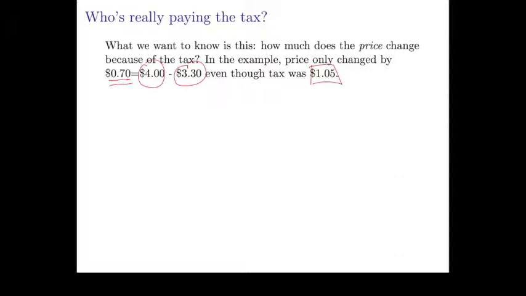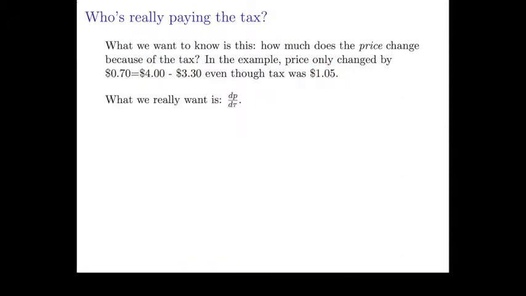Some part of the tax is being borne by the consumers, and some part is being borne by the producers. If you're a government trying to decide what the effects of a tax are going to be, you'll want to understand how the consumers and the producers are affected by increases or decreases to the tax.